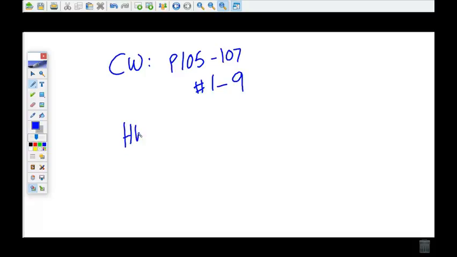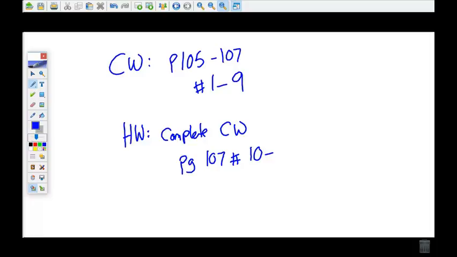Anything you do not complete in class is going to be part of your homework. Your classwork. You're also going to complete page 107, numbers 10 through 16.